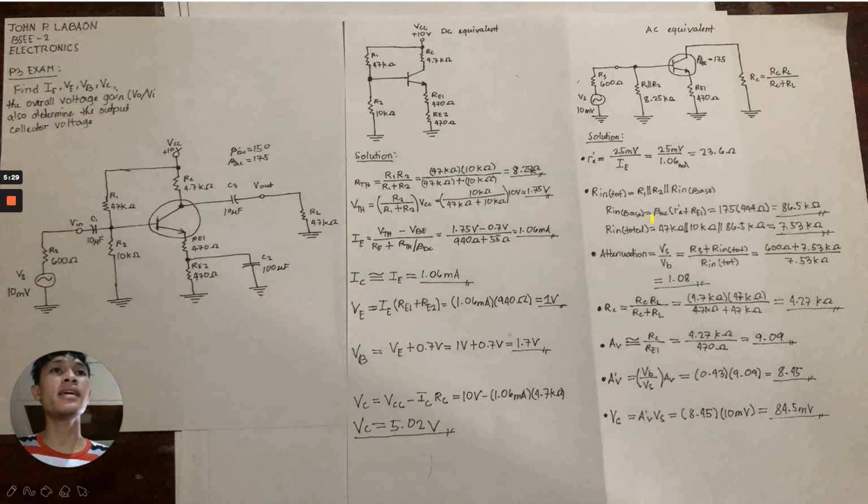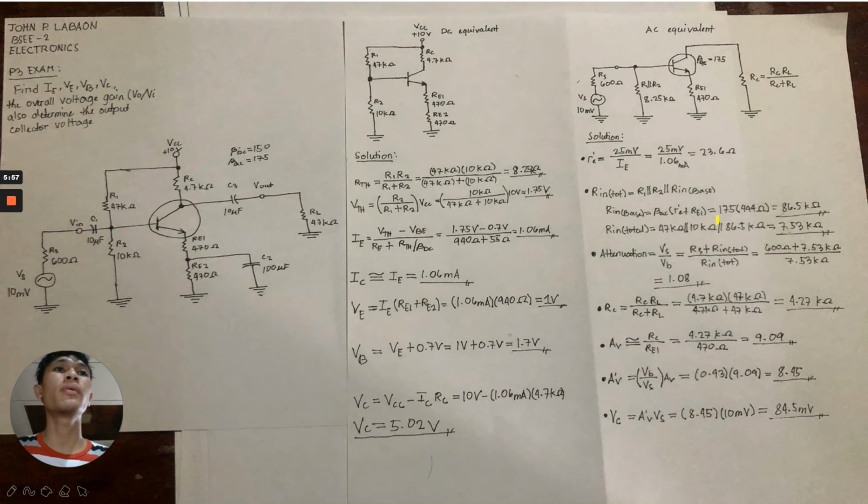The formula is the AC equivalent beta multiplied by the total emitter resistance of our capacitors plus the RE1, since RE1 is in line with our total emitter resistance of our capacitor.